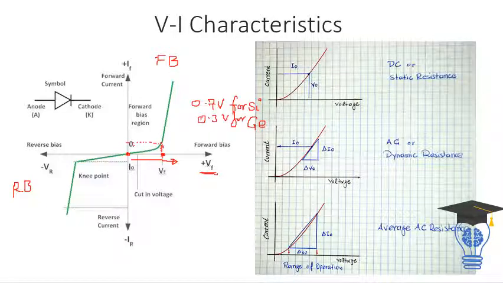So if it is a silicon diode and your input voltage Vf is greater than 0.7 volts, then the diode starts conducting.